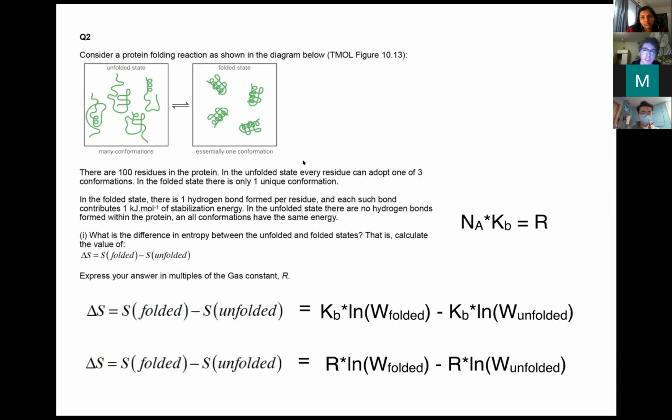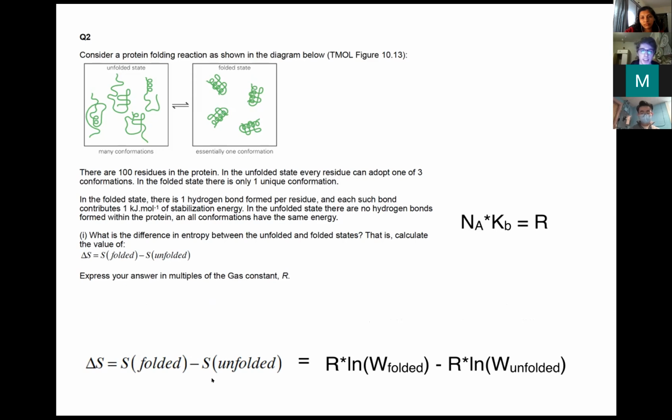Okay. Yeah, actually, so for the KB, you don't want it in terms of KB. The top entropy would be the change in entropy per molecule. But since we want it in multiples of the gas constant R, you can just use this bottom equation only. And then that would be the change in entropy per mole. Okay, I see.